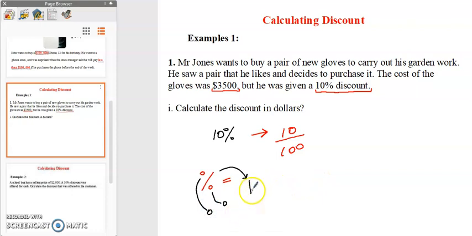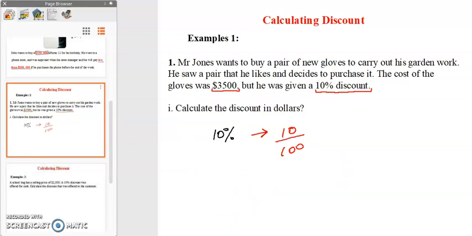So put those together and you actually get 100. So the symbol is actually 100, but they just put it in a nice and fancy way. So in this case where you see 10%, it basically means 10 out of 100.